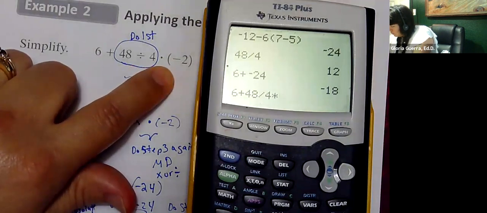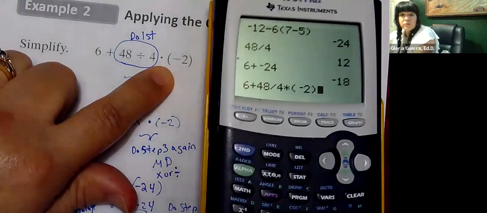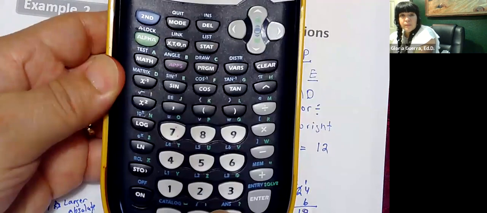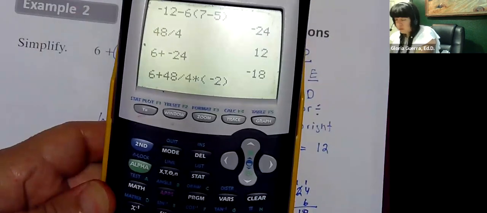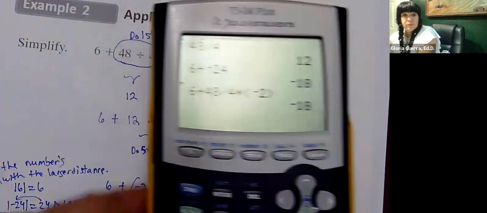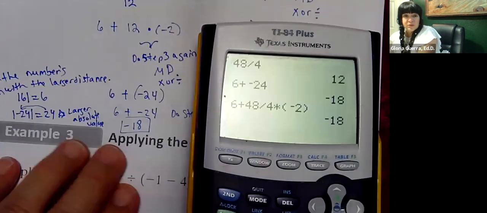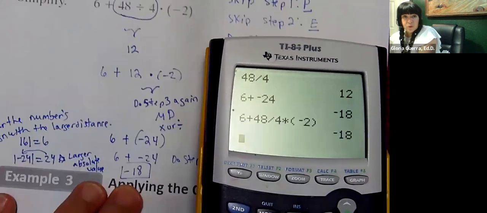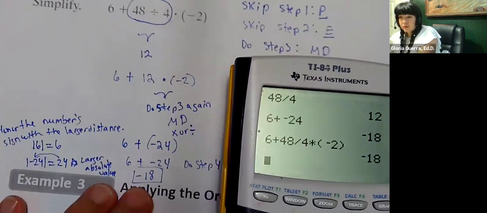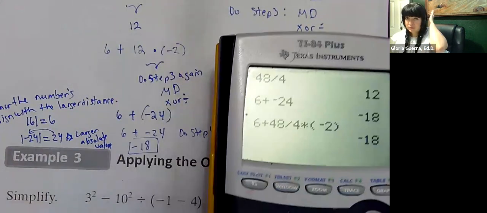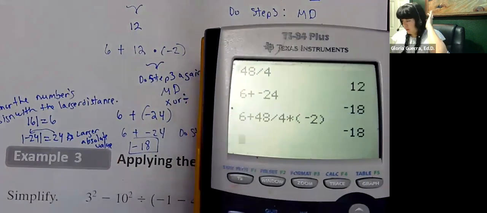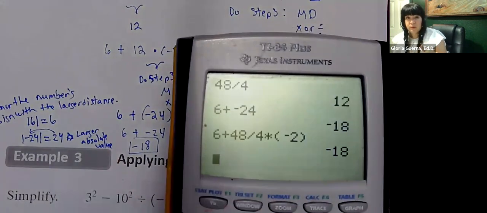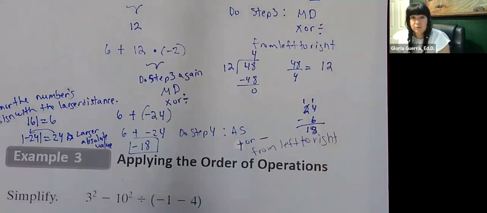If you want to put the parentheses, you can, and negative 2, sign changer at the bottom, so that's a negative down here. And then you get negative 18. But you have to show your work. This is a test problem. Your work has to reflect the order of operations, the steps, because I'm going to be looking for that on your work when you upload your template within 15 minutes of submitting your tests.